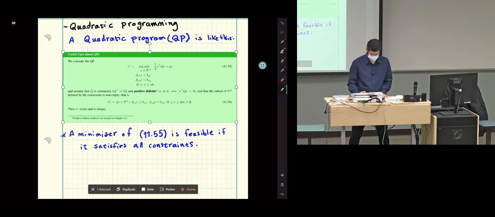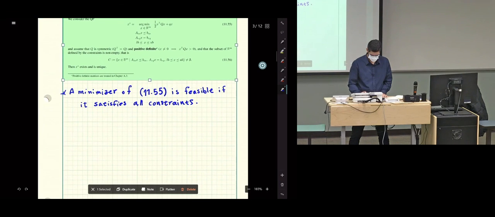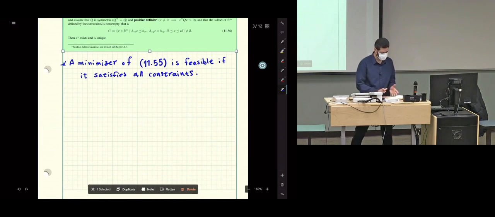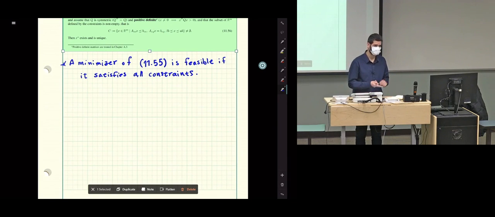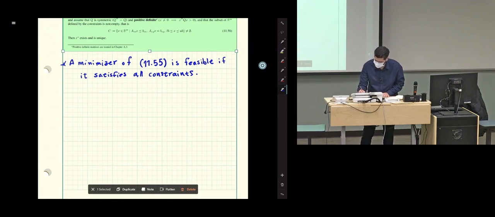Okay, so 2 minutes. Our goal is to solve two examples. One is quadratic example 1.